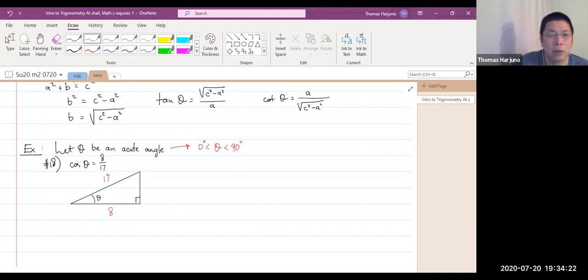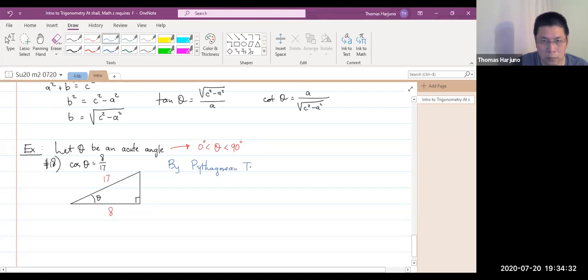Now, by Pythagorean triple, the other side, you can apply the Pythagorean theorem, okay? But if you happen to memorize the Pythagorean triple, then you will see this is actually 15.